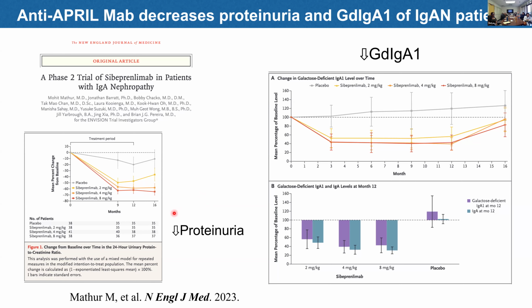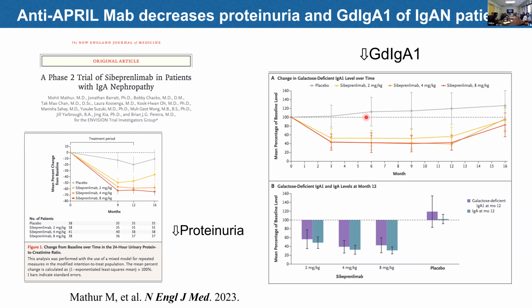In addition, this antibody also significantly decreased the galactose-deficient IgA1 levels in the serum, which is the pathogenic IgA shown today. This result had a great impact on the treatment of IgAN. These trials are still ongoing.